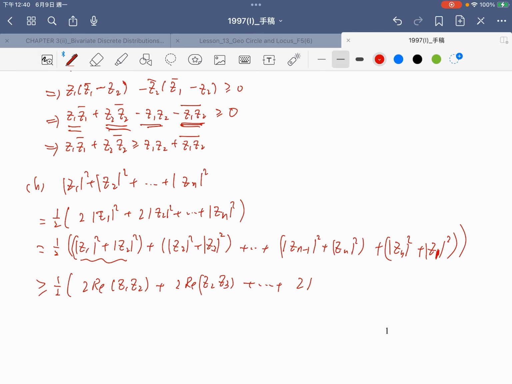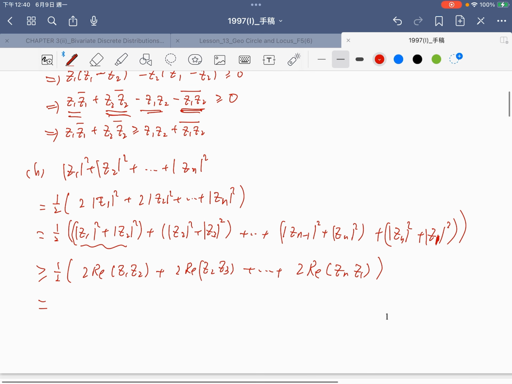And 2 real part of Zn times Z1. As the real part operator can be factorized outside, and also the 2 can be cancelled with this one, the outside denominator 2, and change the real part outside. Then we got our result.